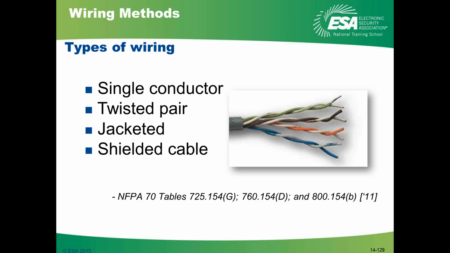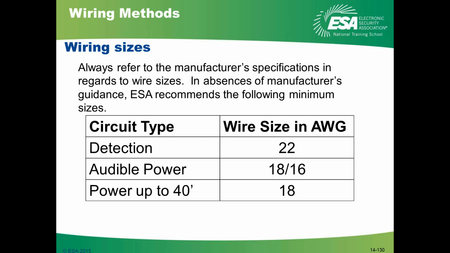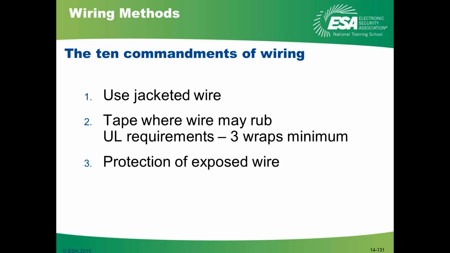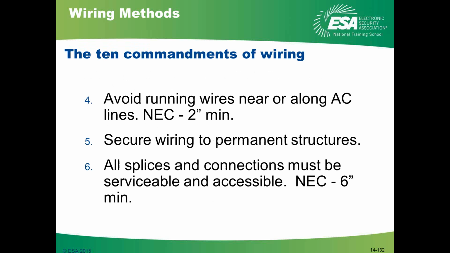So then talking about the types of wiring. Wiring sizes, these are the recommended sizing. That stayed the same. 10 Commandments stayed the same. Although some of these commandments are actually law now. I mean, they're in the code.